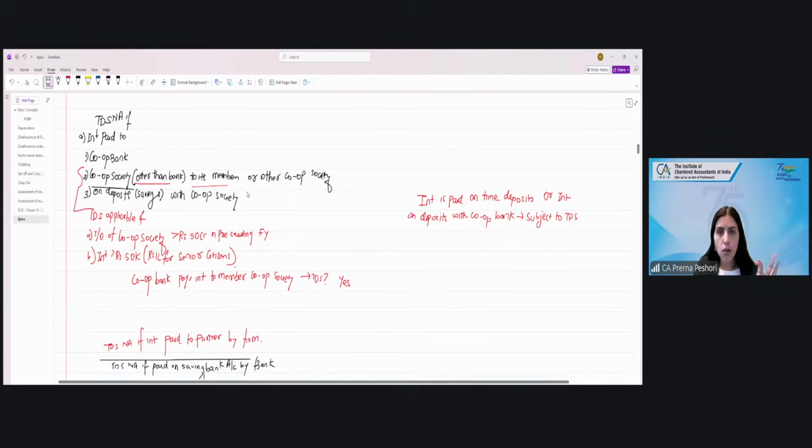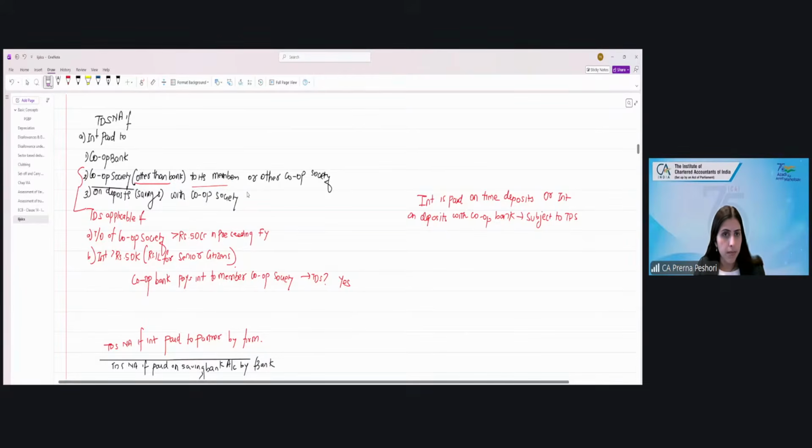Right? So a cooperative society is required to deduct the TDS under 194A, but it is not required to deduct TDS on the interest paid by it to a member or to any other cooperative society. Are we clear?